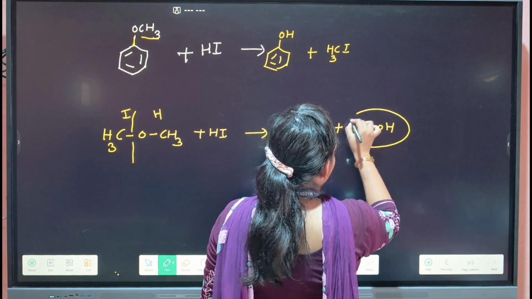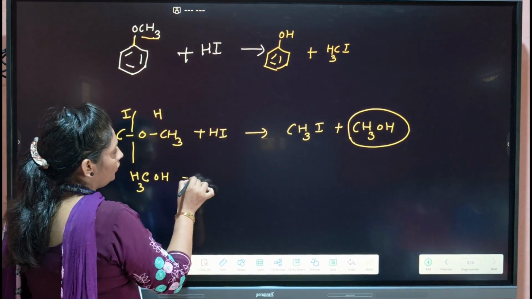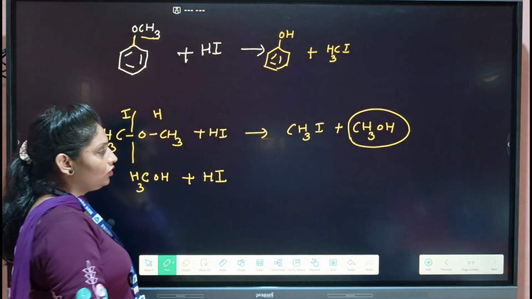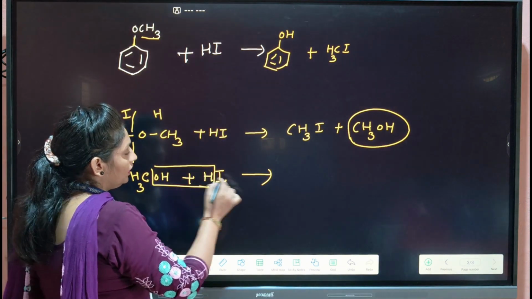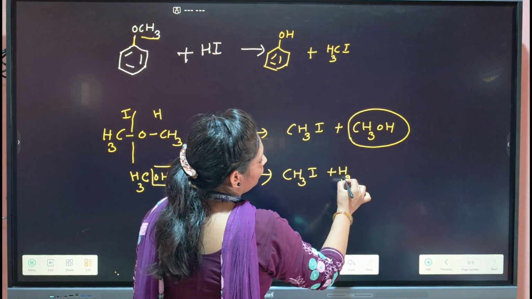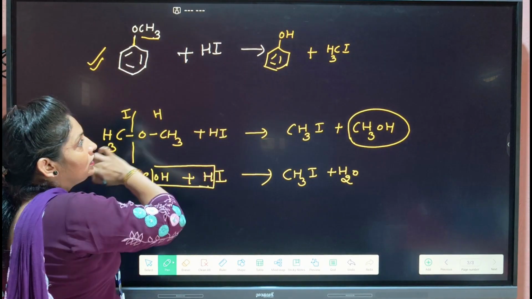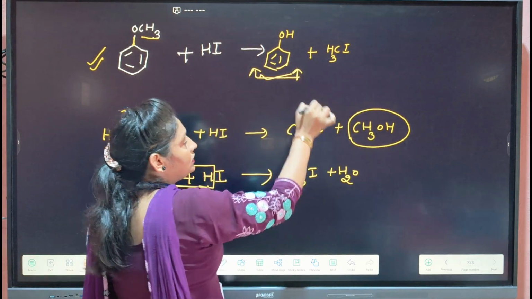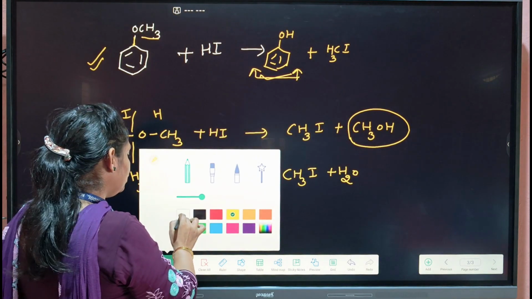Further, this alcohol can react with 1 unit of hydrogen iodide or hydrogen halide, and further they can give us alkyl halide plus 1 molecule of water. But here, in case of anisole, this phenol cannot react further. Why? Due to the partially double bond character.